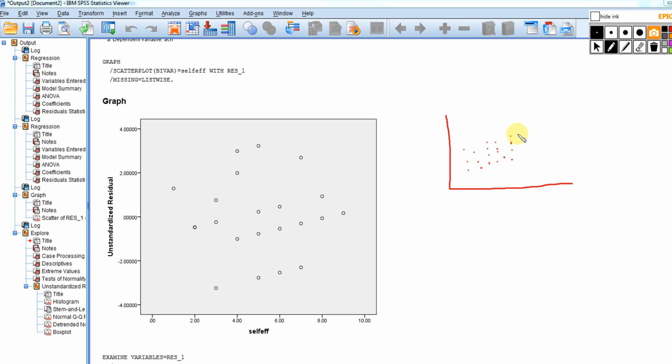But if I had one data point that fell way out here, it would drag the regression line down, and the regression line, when computed, would look more like this. That would suggest a lack of predictive relationship between the two variables, all because of the presence of this outlier right here.